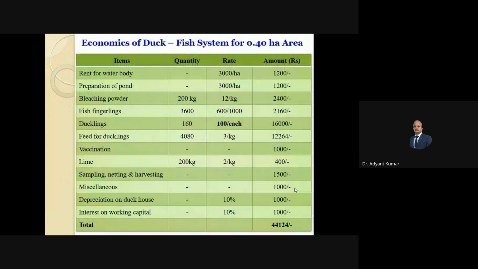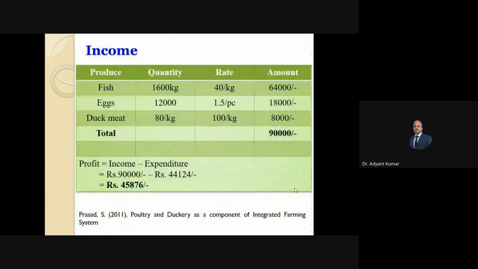The economics for 0.4 hectare area shows that the average cost of production of this system is 44,124. When we go for the economics, we'll get a gross return of 90,000 as well as a net return of 45,876 rupees in Indian currency.